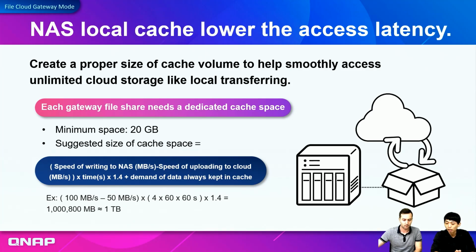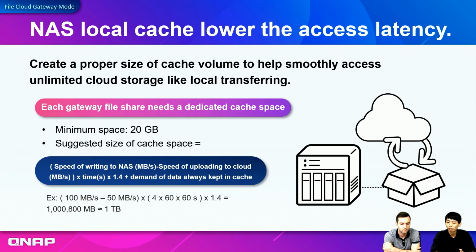We have the speed of writing to NAS, which is the data input into the cache space, right, and the speed of uploading to the cloud, which is the data output. Yeah, because after we upload to the cloud, the data could be removed because it is already synced to the cloud. So the speed of writing to NAS minus the speed of uploading to the cloud is the net input of the data to the cache space.